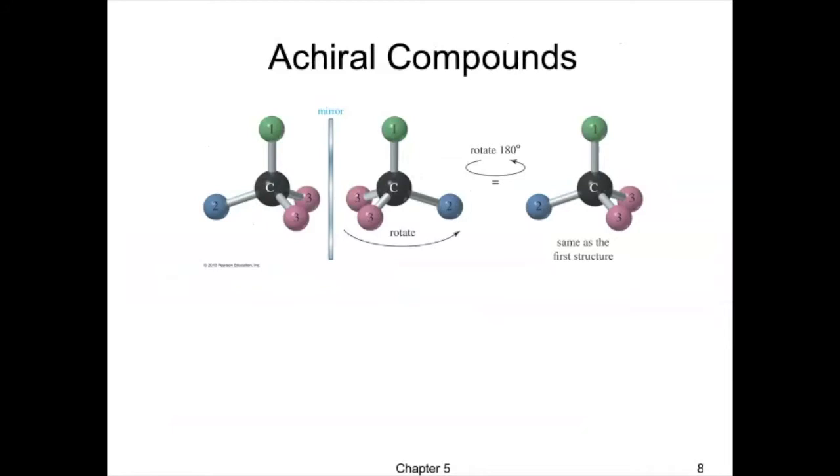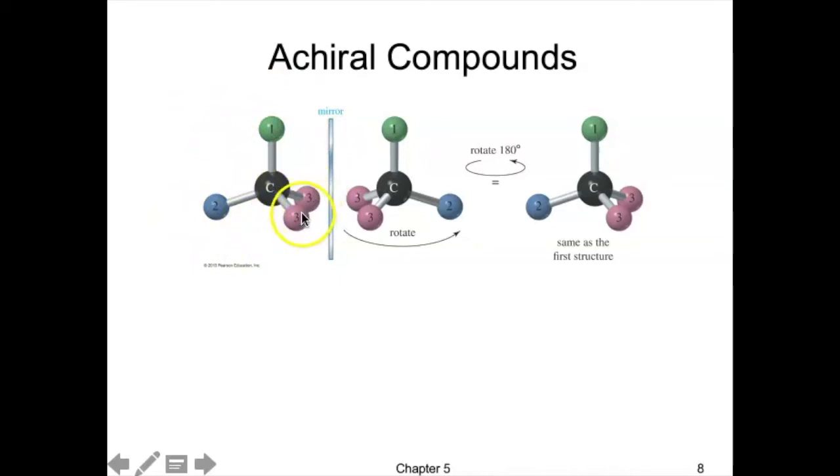So by way of review, we talked about the fact that in achiral compounds, the mirror image is actually superimposable. So this slide just kind of tries to represent that in two dimensions here. So we've got a carbon that's not bonded to four different groups, so is not an asymmetric carbon.